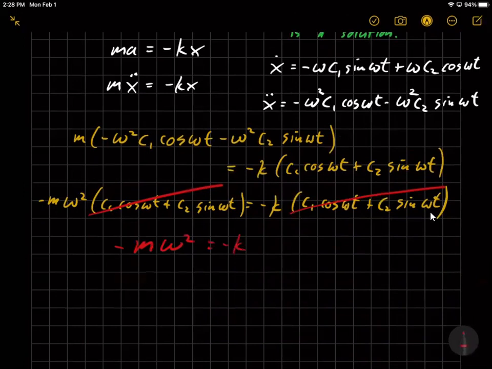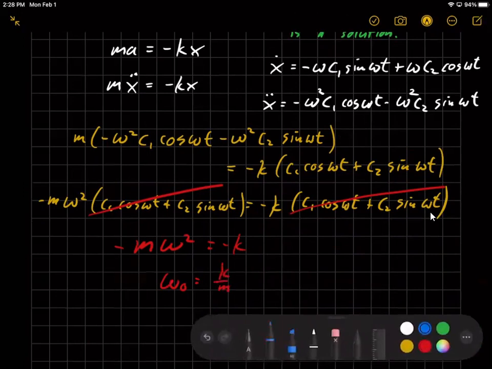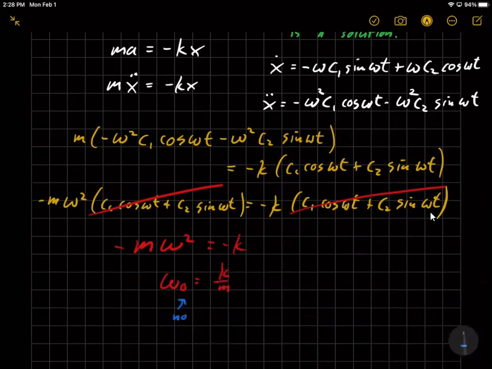Or if you prefer, that gives us that omega squared equals k over m. I put the omega naught on there because this is with no damping. Since there was no damping, all of the omegas equal omega naught.